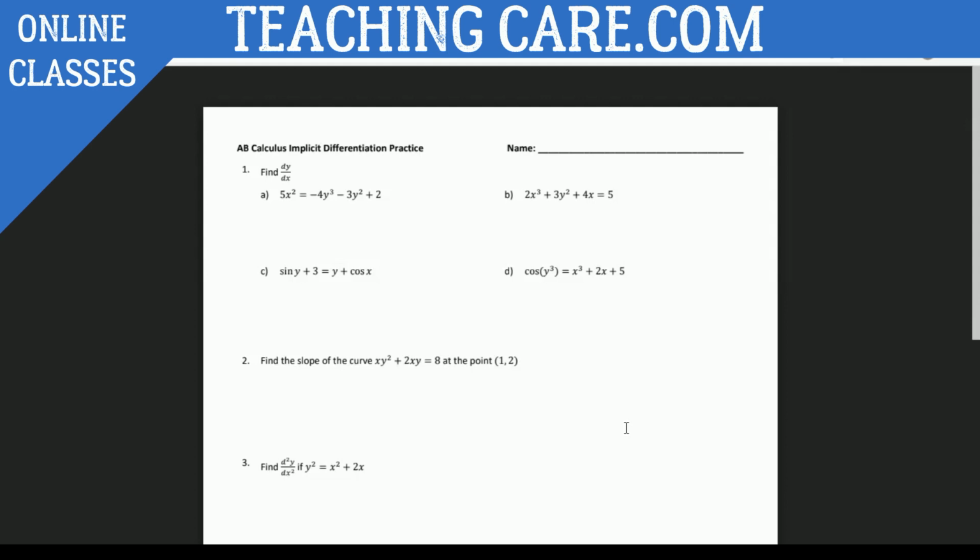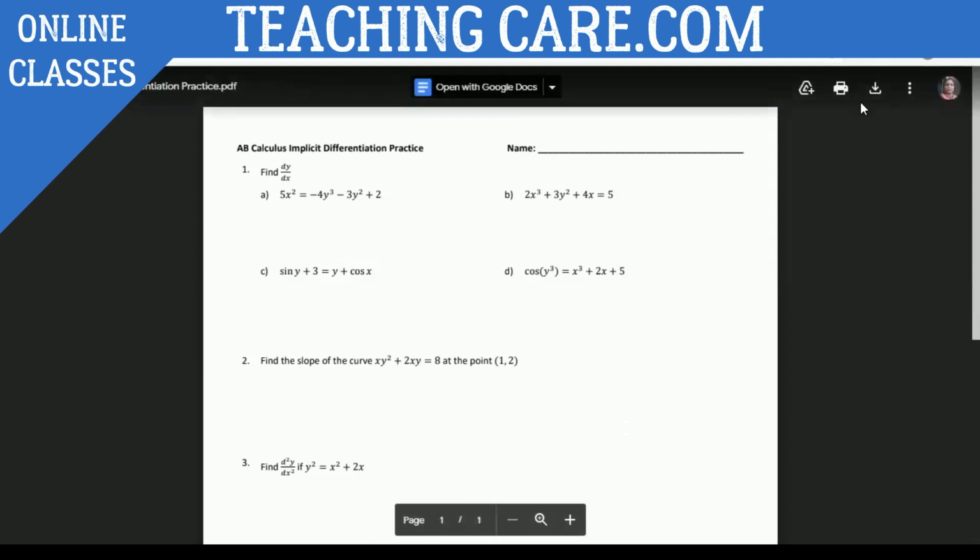For B, it's going to be 3y squared plus 2 over negative 3y equals dy dx. No, it is negative 3xy minus 2 over 3y. That's what I said. No, no, I'm saying one.